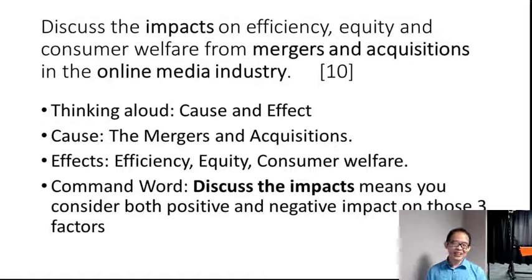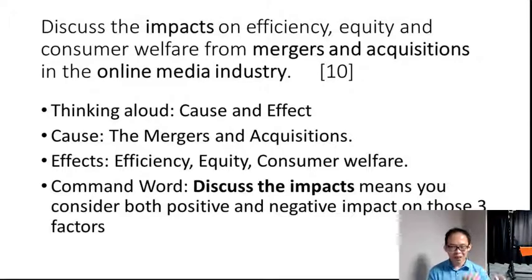Next question, and of course the last question on this case study, the last higher order skill question, is: discuss the impacts on efficiency, equity, and consumer welfare from mergers and acquisitions in the online media industry. As I was thinking about this question, this is clearly a cause and effect.